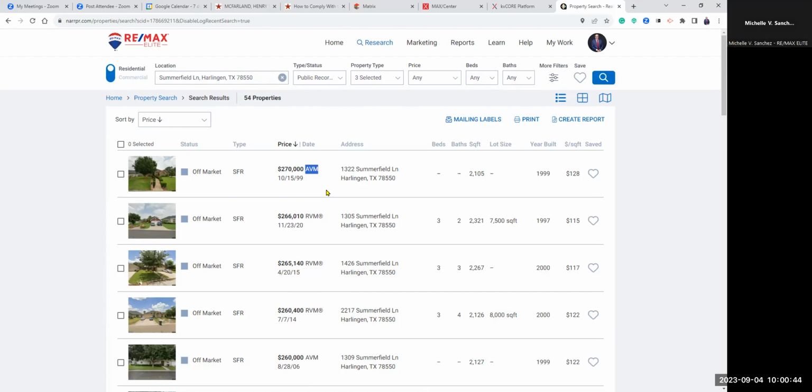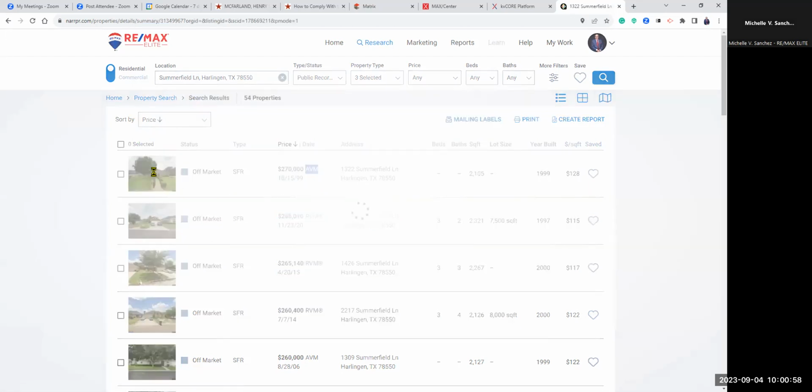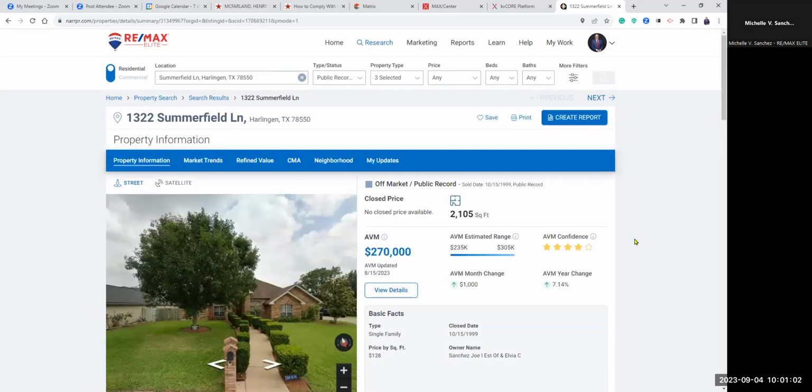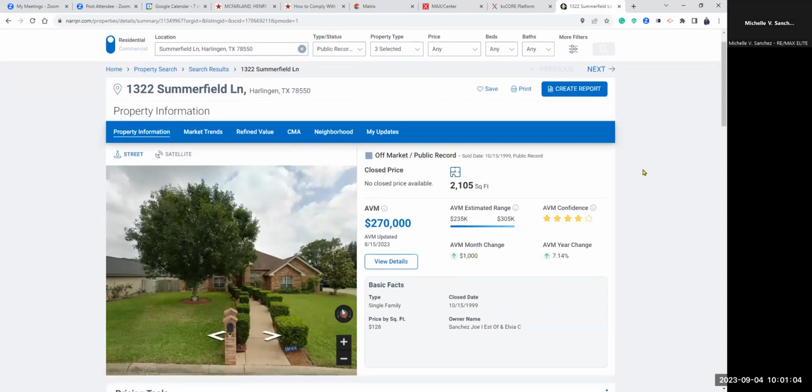Yes, it does. But when I asked MLS about the AVM, they pull the data from what has sold in the past in that area. It's computerized, right? So it just goes by whatever was sold or on the market, pulled off the market. It goes by all of it.